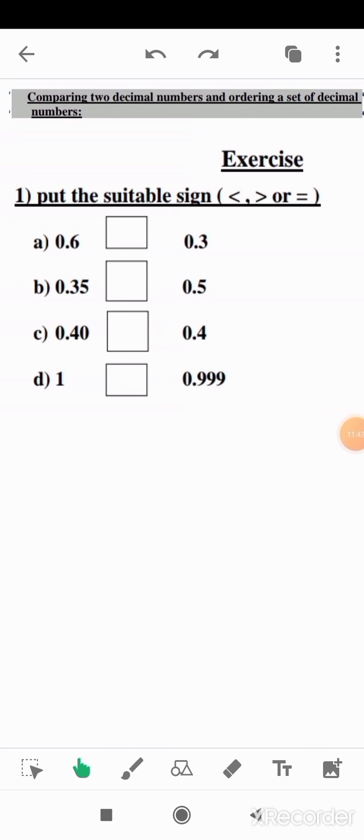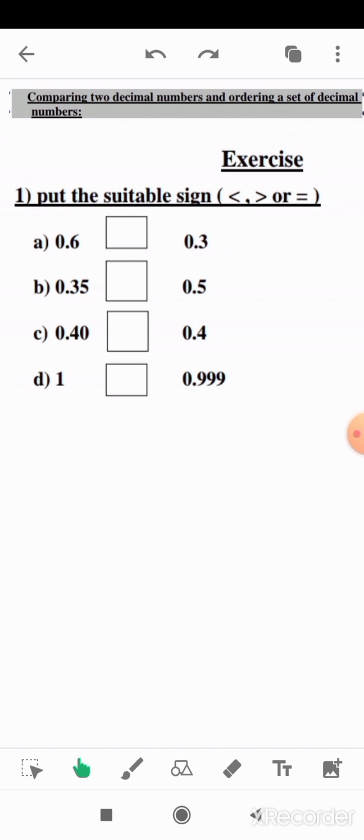Comparing two decimal numbers and ordering a set of decimal numbers. Our first example on this board, we have 0.6 and 0.3, and I want to know which number is bigger than the other. So I have two ways to solve this problem.